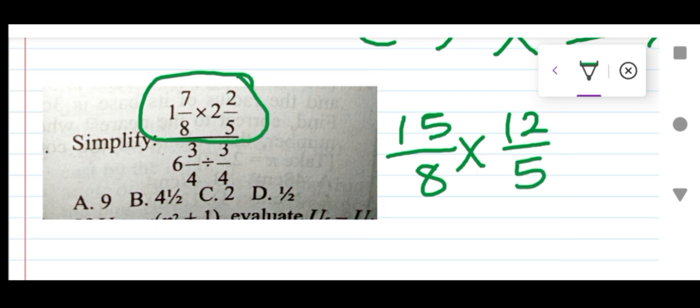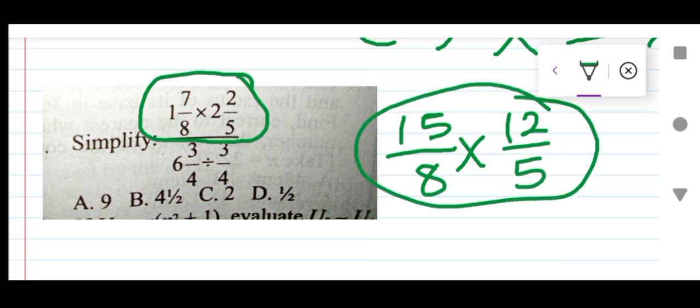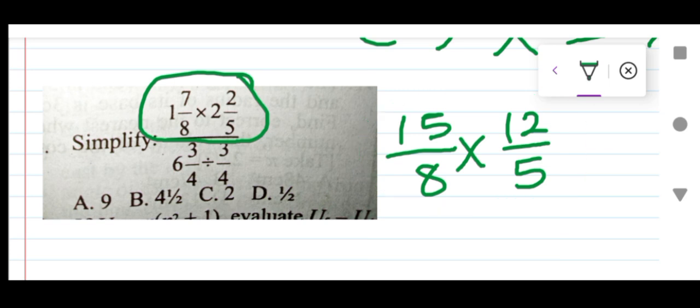So let's quickly solve this numerator before we jump to the denominator. Look for the numerator of this and the denominator of this. What number can divide numerator and denominator? We can see 5 here 1, 5 in 15, 3. Something can still divide 12 and 8, right? 4 is possible.